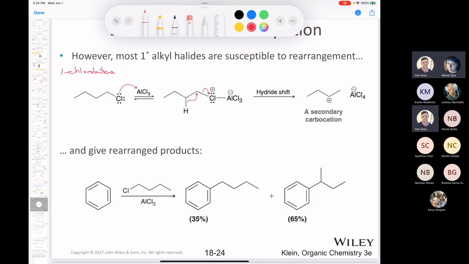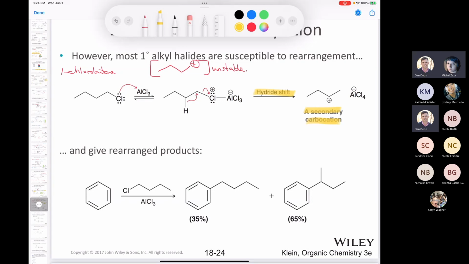I don't think so, not very much, because a primary carbocation, if we were to draw this, we know that's really, really unstable, super unstable. And so what happens is that when you form the complex between the alkyl halide and the Lewis acid, you get the formation of the carbocation with a simultaneous hydride shift, which produces a secondary carbocation.